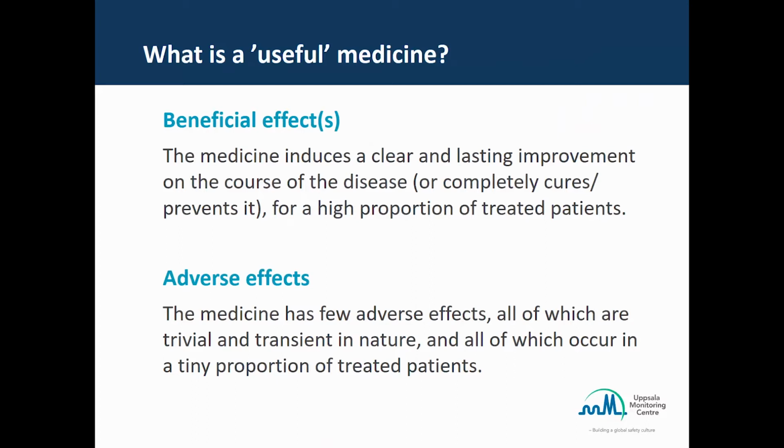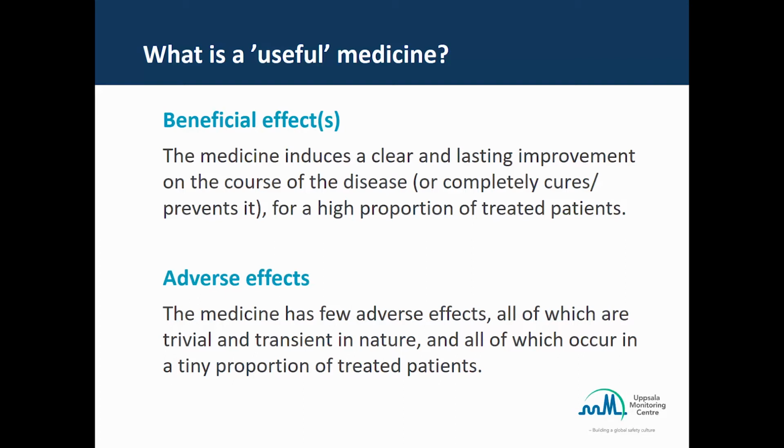Now, I defined benefit-risk assessment as answering questions about the usefulness of medicines. This begs the question, what is a useful medicine? So I've tried to put down some kind of best-case scenario that I believe and hope most of you would agree with. And what I've written here regarding the medicine's beneficial effect is the following.